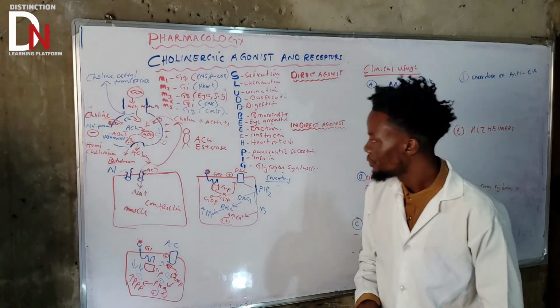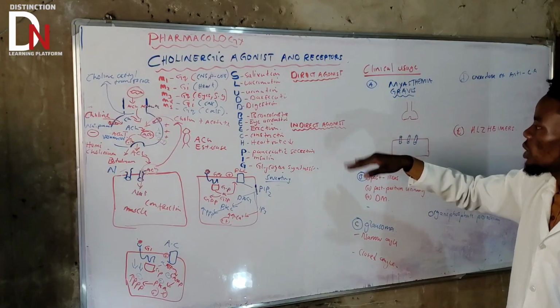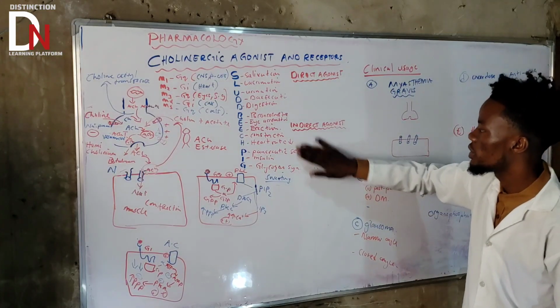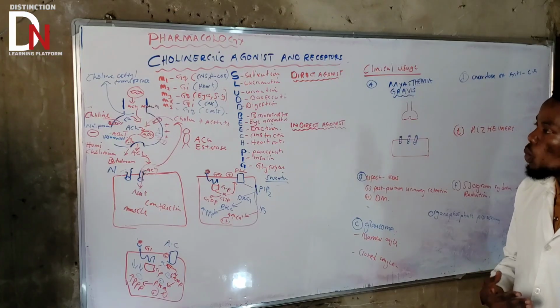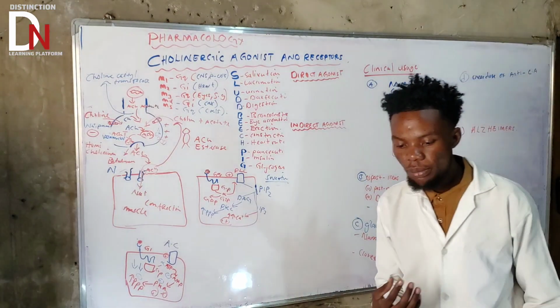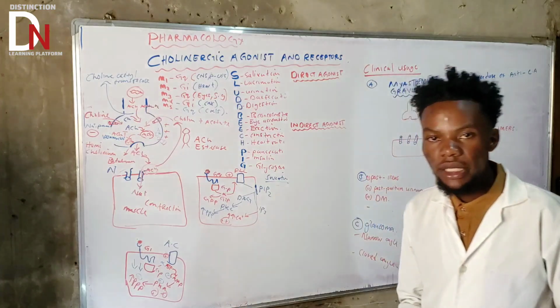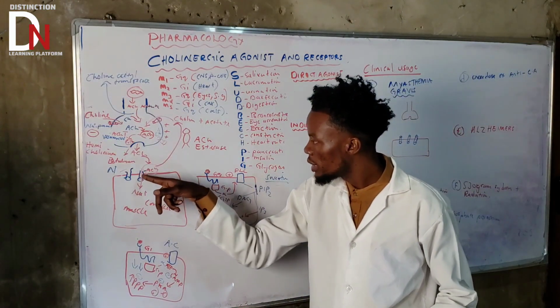Now let's talk about the direct agonist and the indirect agonist. What does direct agonist mean? Direct agonists are the type of drug that we give so that they act directly on the receptors.